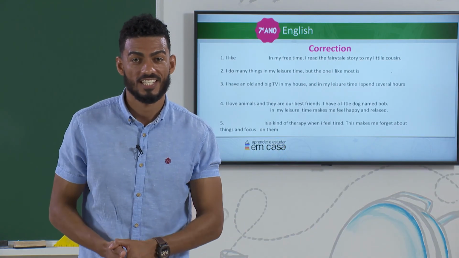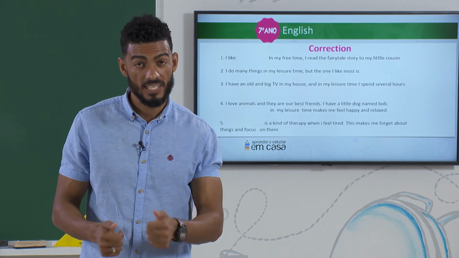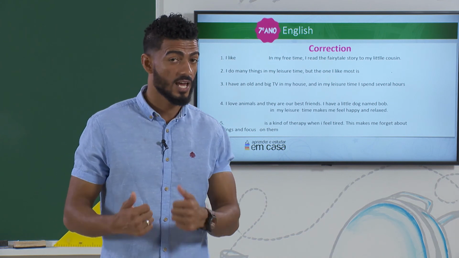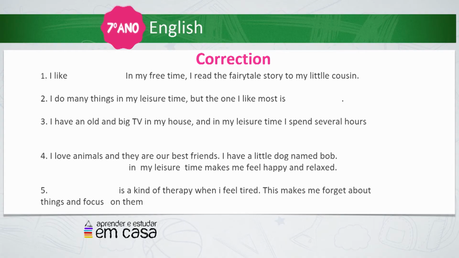Have you finished? Good. You made it? Great. Now let's see what you've done, if you did them all correctly. The first sentence, I like what? Good. Reading stories in my free time. Number 2, I do many things in my leisure time, but the one I like most is what do you have?